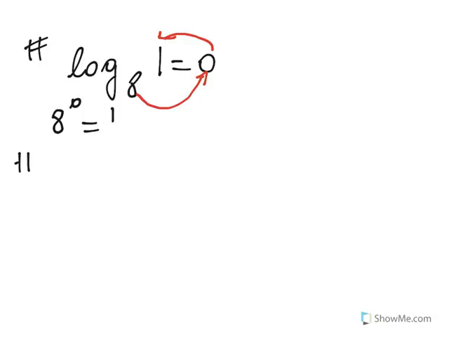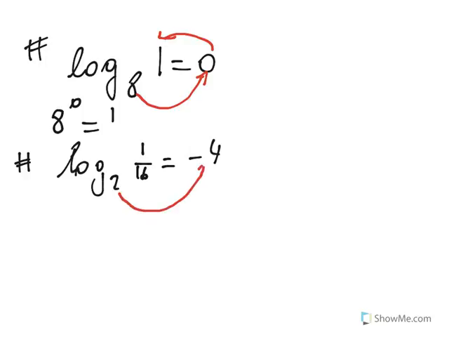Let's get another example. Log base 2 of 1 over 16 equals negative 4. Again, based on the definition of logs, my base in this case is 2, and 2 to the power of negative 4 is going to give me 1 over 16.